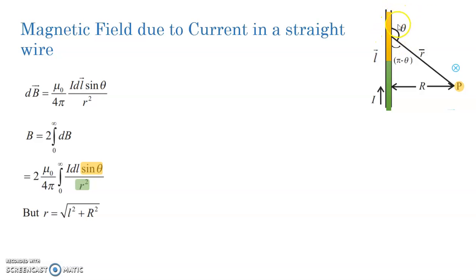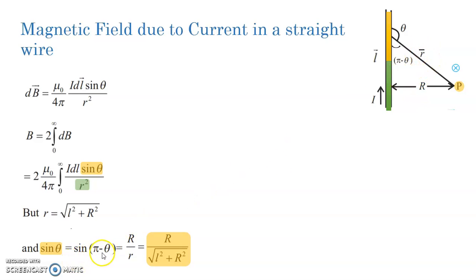This angle is theta. So this angle over here will be pi minus theta. And we know that sine theta is equal to sine pi minus theta. From the diagram, sine pi minus theta will be equal to opposite side divided by hypotenuse.